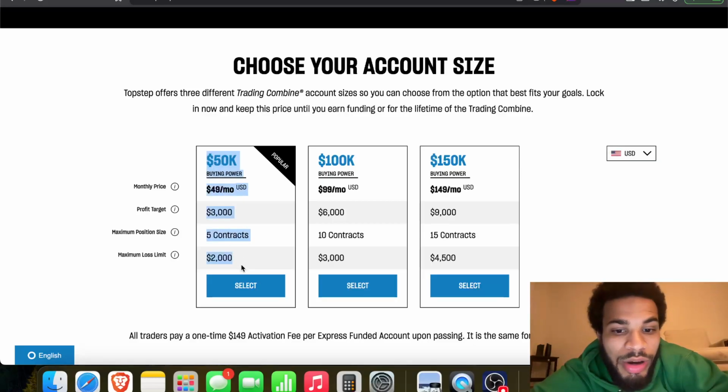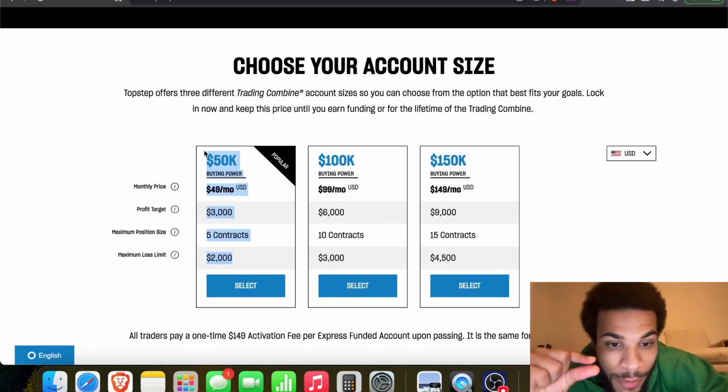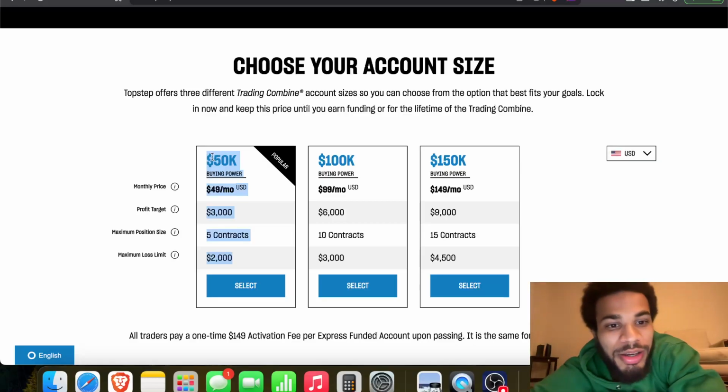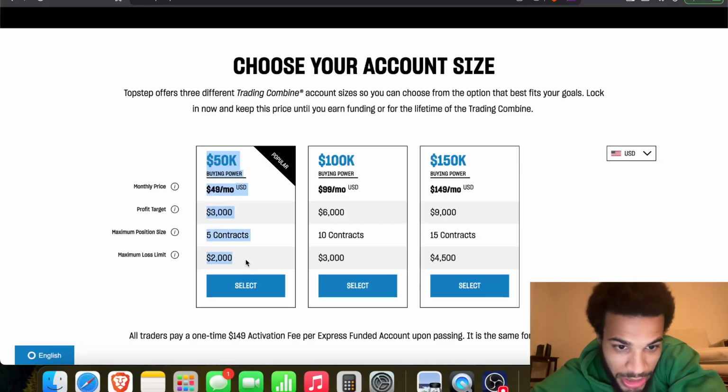But essentially what prop firms do is they give you access to these funds, so that way you can make profit for yourself, but at the same time, they're going to make a small cut, a small portion of the profit that you make. So essentially, you're trading for them in a sense, but you get to keep the bigger portion of your money.